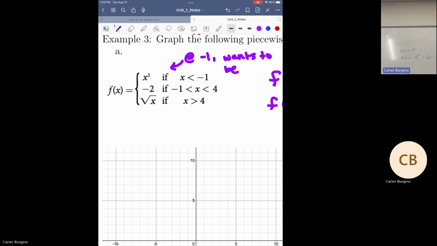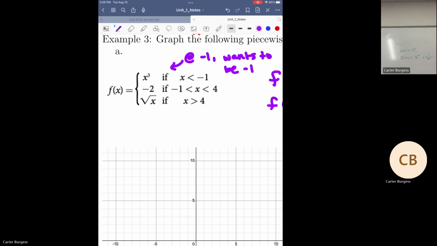I'd get -1. I would get the point -1, -1. That is the terminating point for the first piece of our definition. Now, is it part of our graph? Is -1 an input that works for that particular piece of our graph? No.